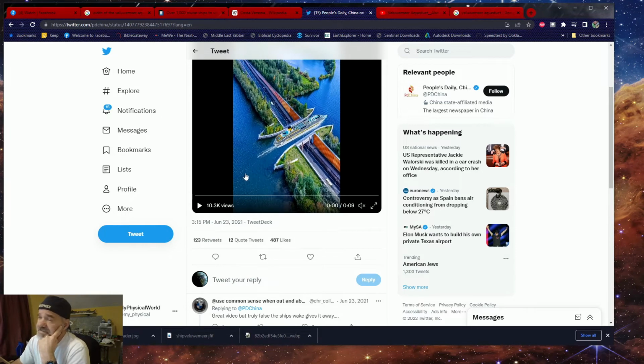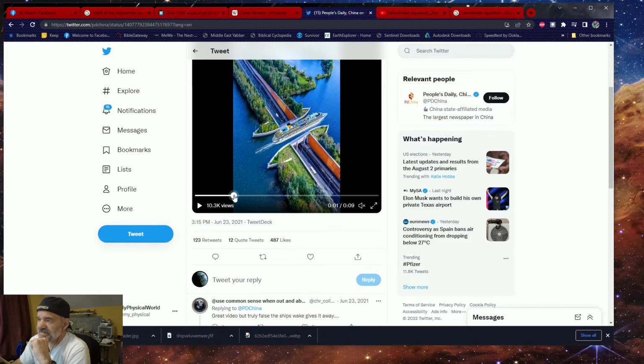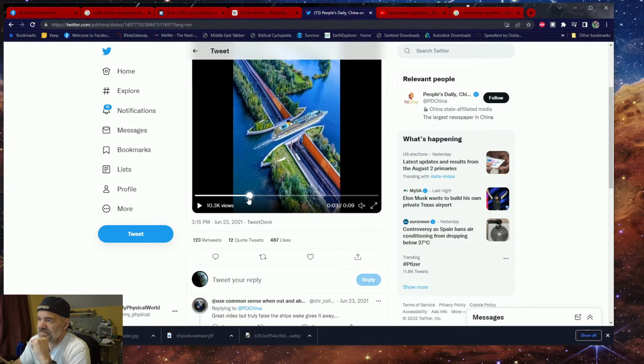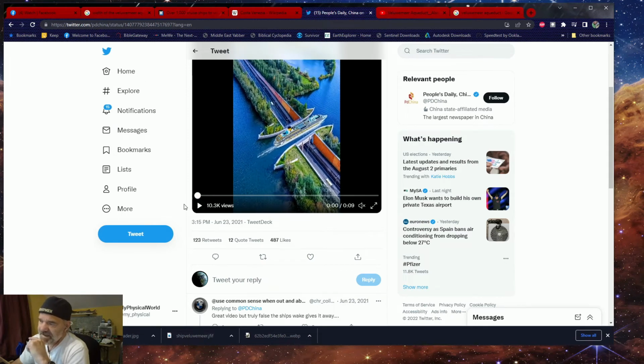Okay, first thing that caught my eye, like I said, to say that this is bad science, again, is the size of the ship in relationship to the actual vehicles on the road. Those would have to be some extremely large vehicles. Second is just the quality of the animation.